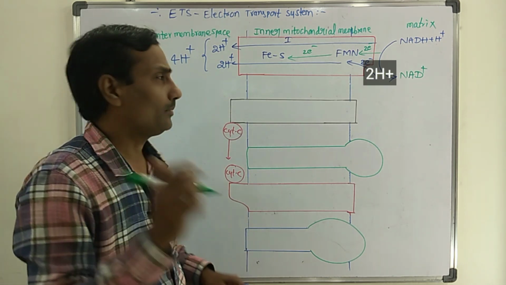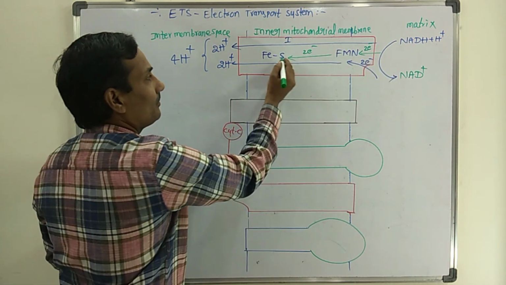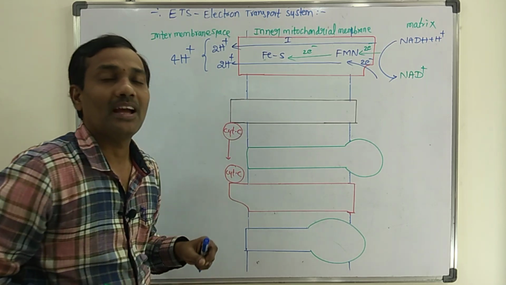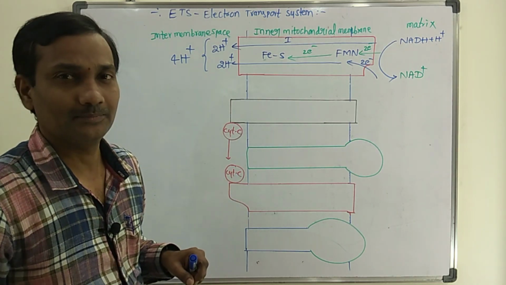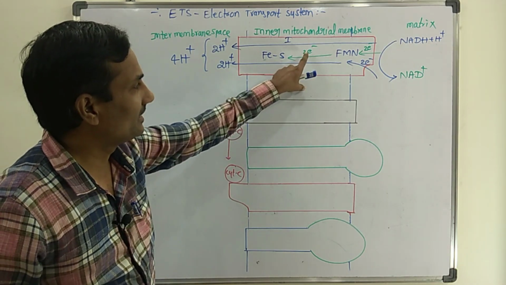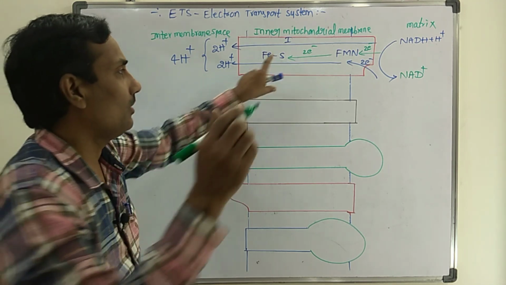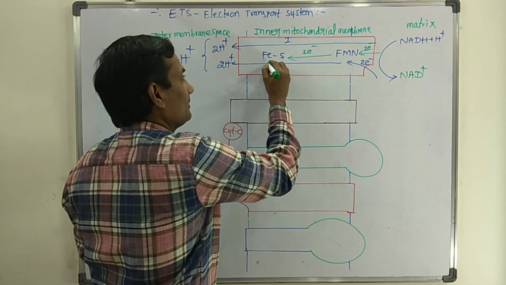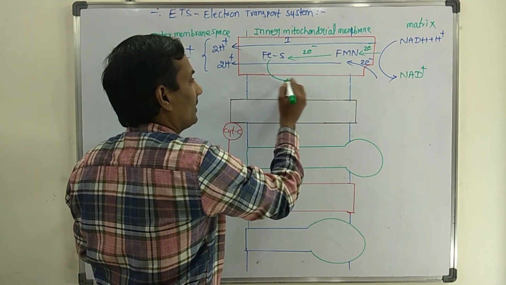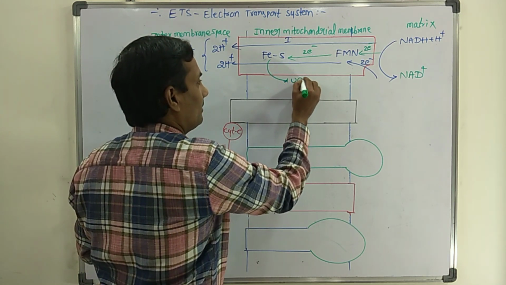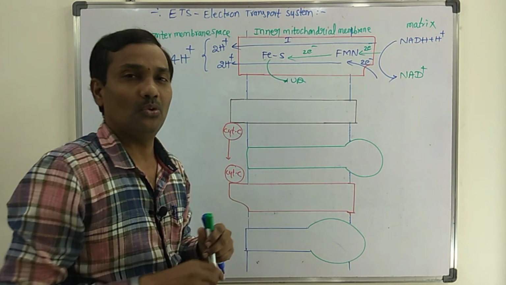Next, at present electrons are accepted by iron sulfur protein. Now these electrons are taken by ubiquinone.